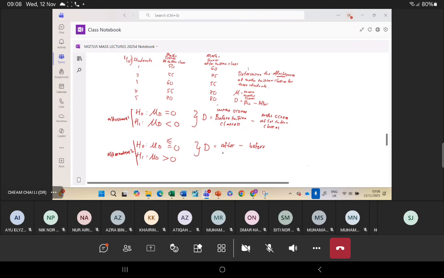So maksudnya after ni dia punya math scores akan lebih tinggi daripada before. If I define it this way, I need to write my alternative hypothesis as mu D is greater than 0. Barulah boleh kira tuition class ini adalah effective to improve the students' maths knowledge. Are you okay? Make sense or not?